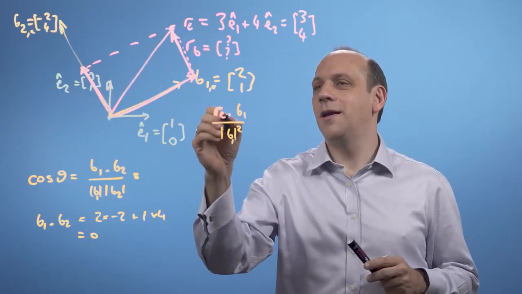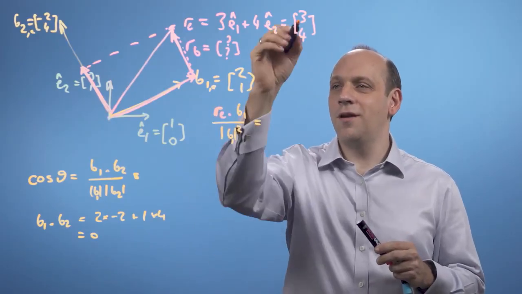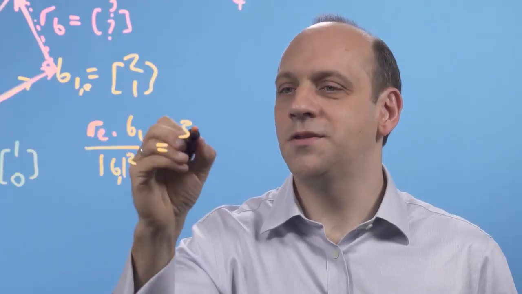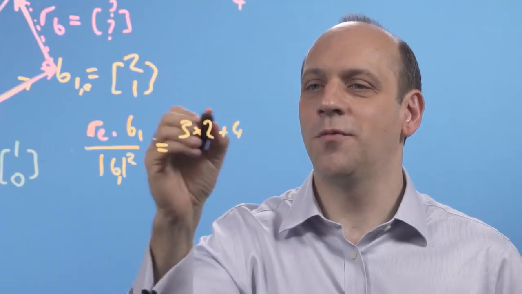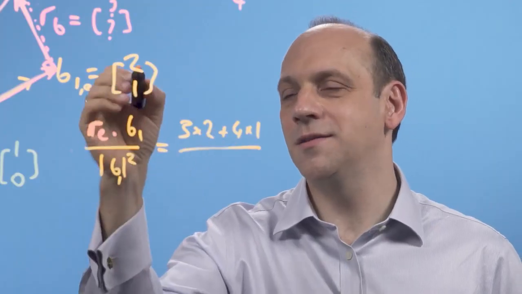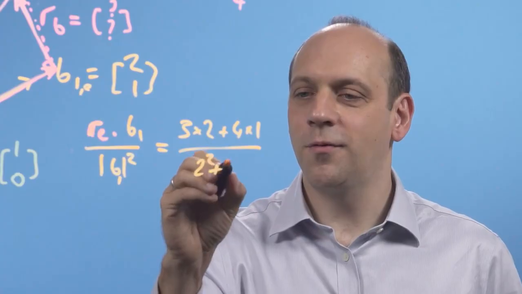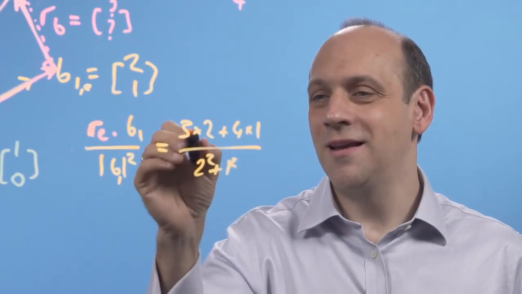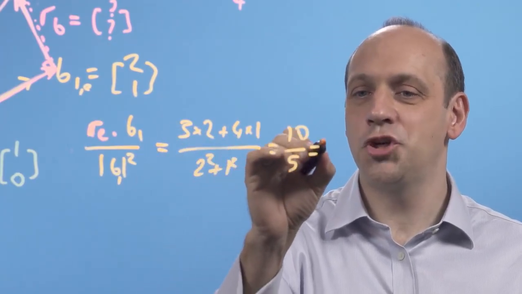So R in E dotted with B1 is going to be 3 times 2 plus 4 times 1, divided by the length of B1 squared. So that's the sum of the squares of the components of B1. So that's 2 squared plus 1 squared. So that gives me 6 plus 4 is 10, divided by 5, which is 2.